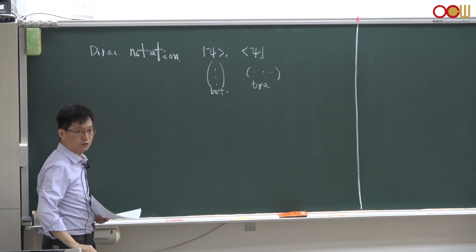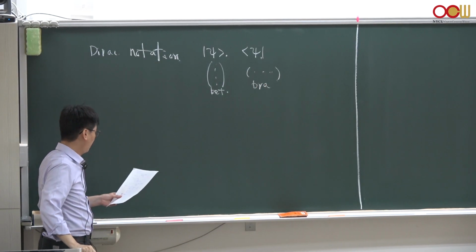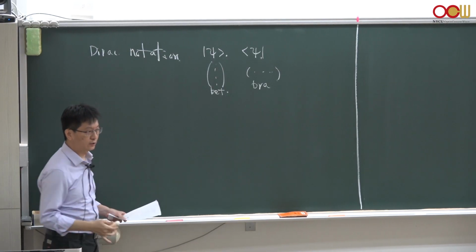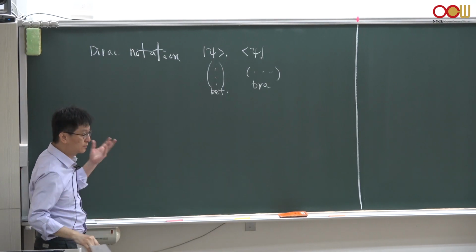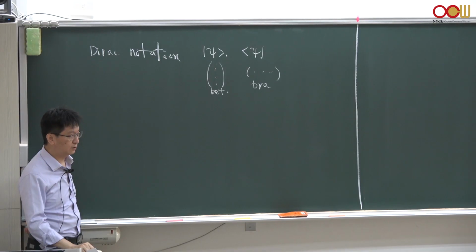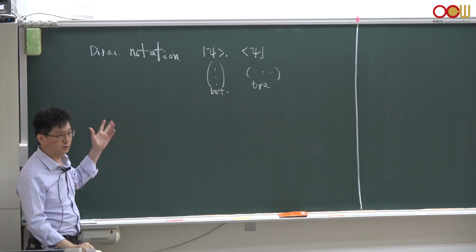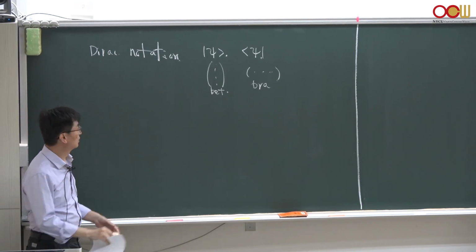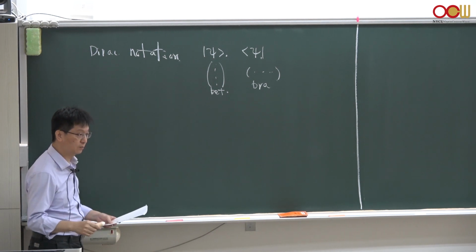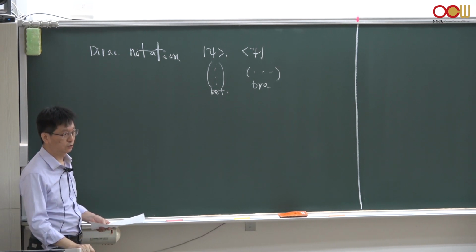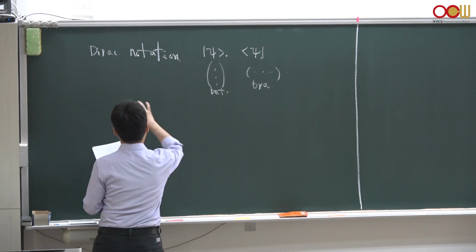So we know the definition of the Dirac ket state and bra state. And let's just try to do some algebra. This algebra is actually the same thing that we discussed earlier without using the Dirac notation, but you will see in just a moment that it's really useful to adopt this Dirac notation.